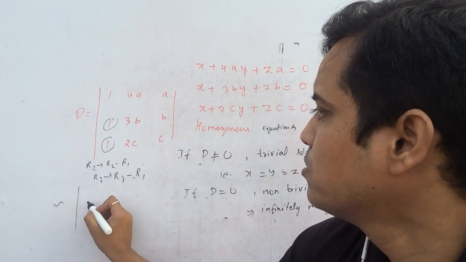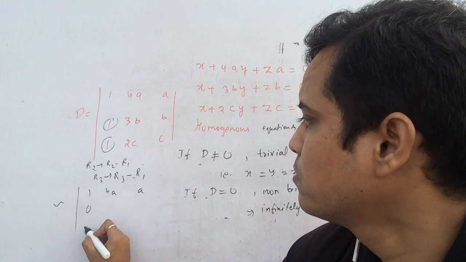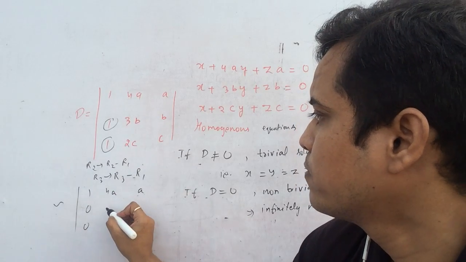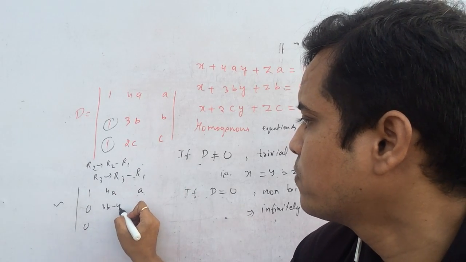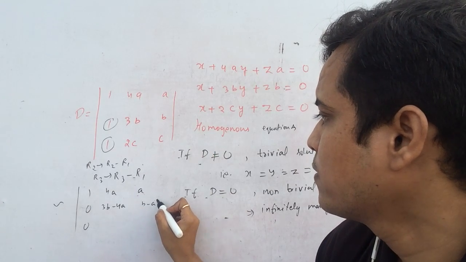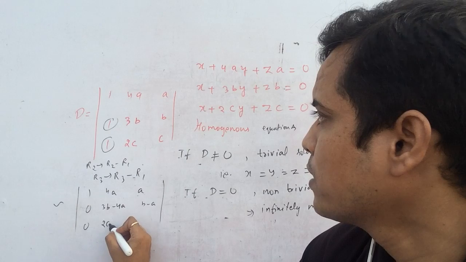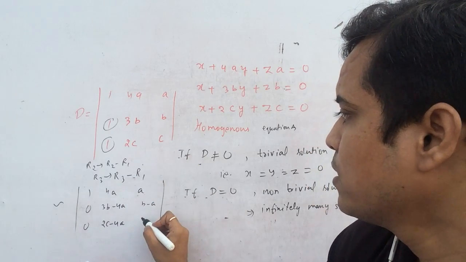What would you get? The determinant changes to 1 1 1, 0 3b minus 4a, b minus a, and 0 2c minus 4a, c minus a, like this.